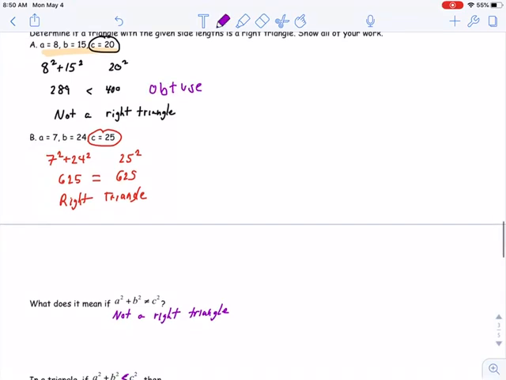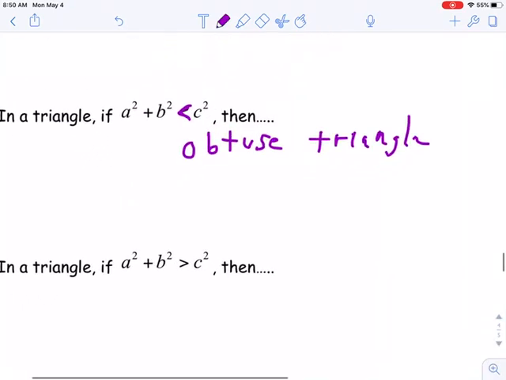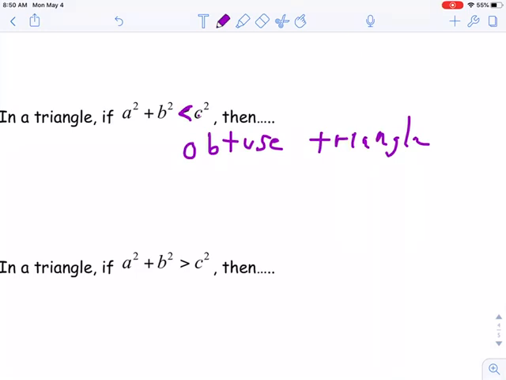You can see three side lengths and plug them into the Pythagorean theorem. If this is the outcome, it's an obtuse triangle. The way I like to think about it, c squared's bigger, so the longest side is so long compared to the other two sides that it's going to have to be obtuse.